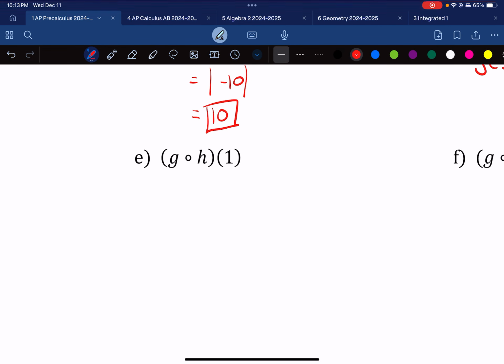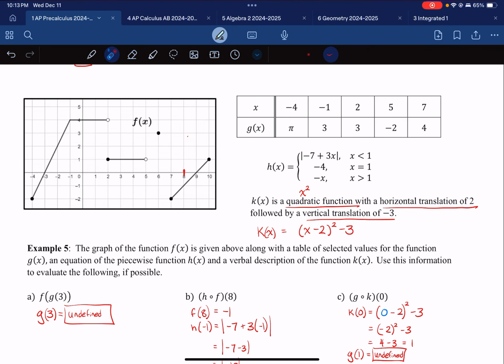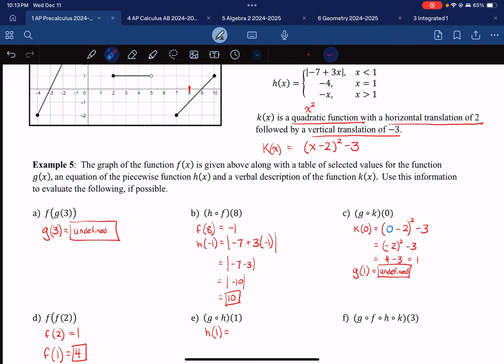All right, what about E? First, I'm going to do H of 1. Let's come up here. H of 1 is talking about this function. Which of these slots am I talking about? Well, 1 is talking about this middle piece because I'm equal to 1, and I don't even plug in anything. The answer is just -4 without having to plug in anything.